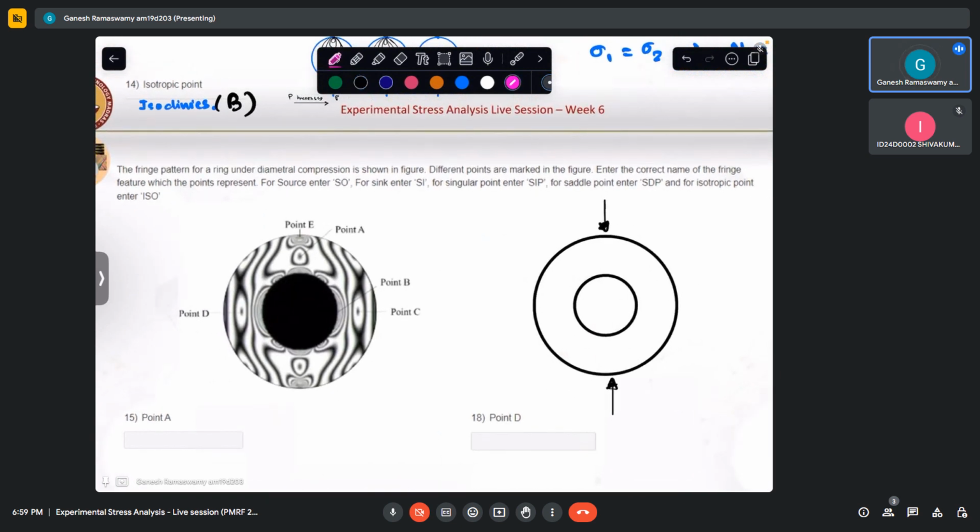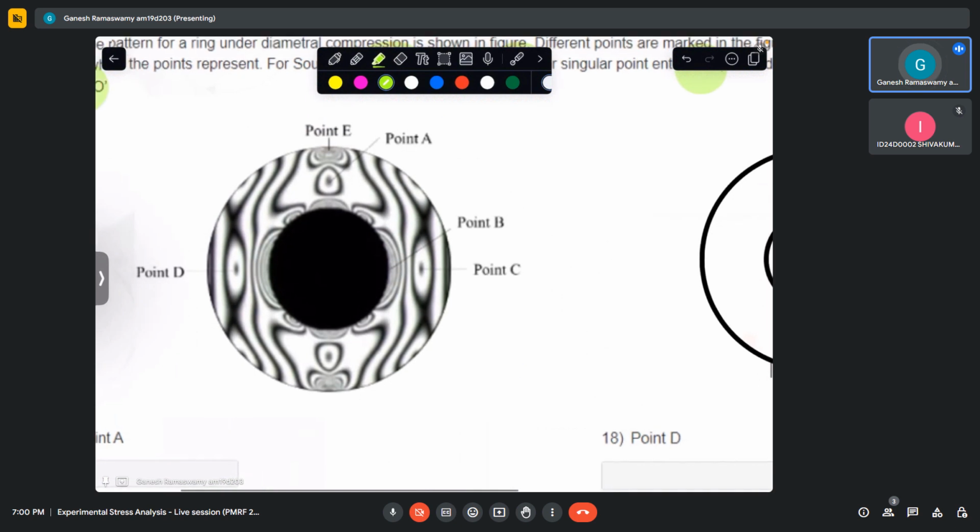It is just a nomenclature that they are given. For source you enter SO, for sink you enter SI, for a singular point you enter SIP, saddle STP, and isotropic point ISO. This is just for evaluation purposes. Anyway, let us look at what the points are.